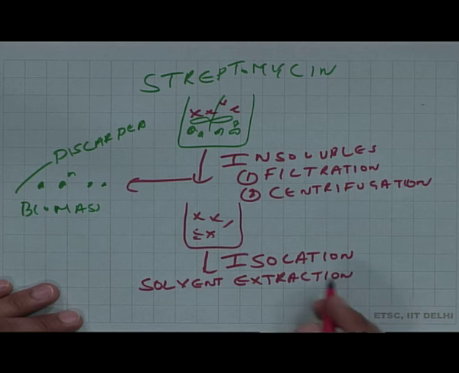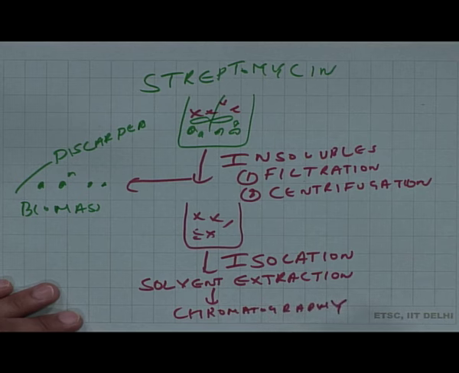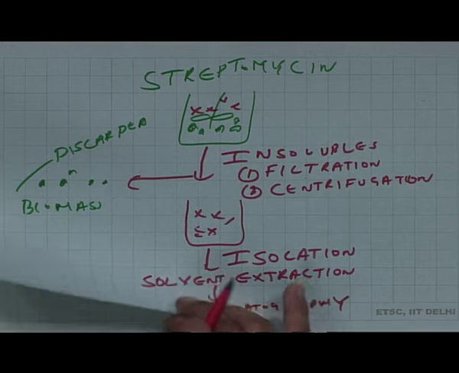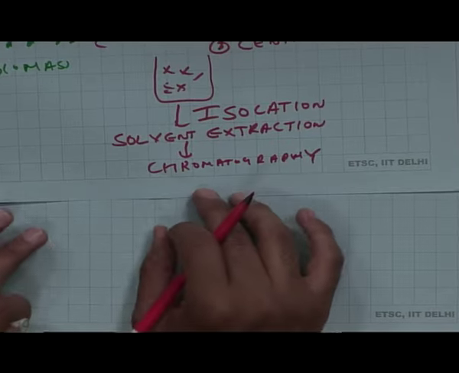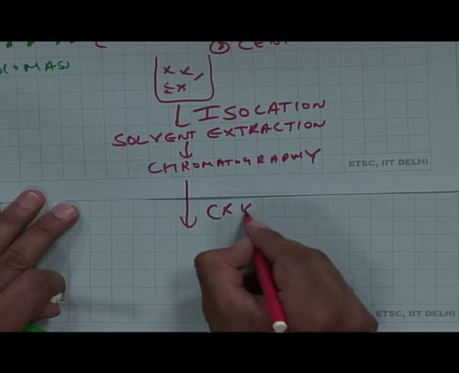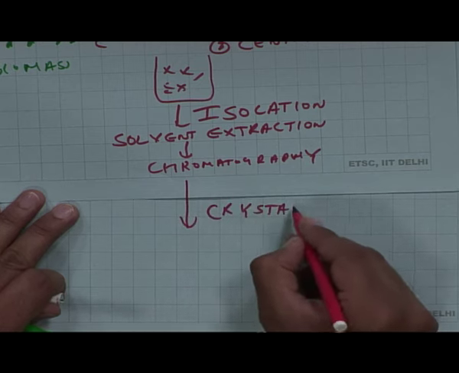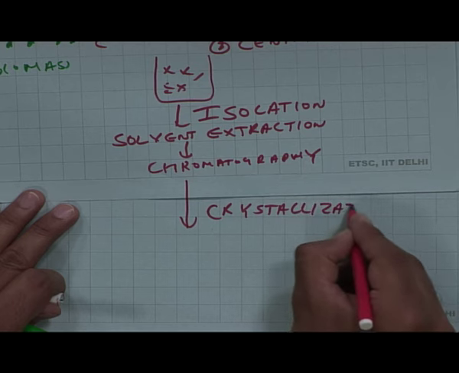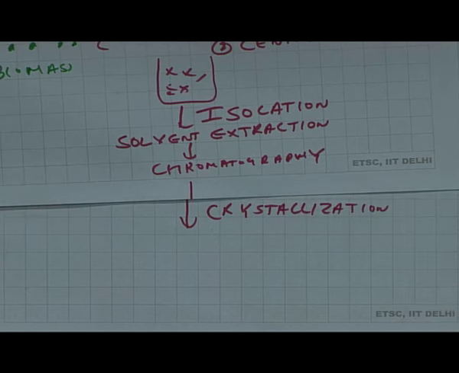Then another step in between, if you have not achieved the quality, can be chromatography. And after chromatography, you can have crystallization. Basically, you need to have an antibiotic and you need to do a formulation.